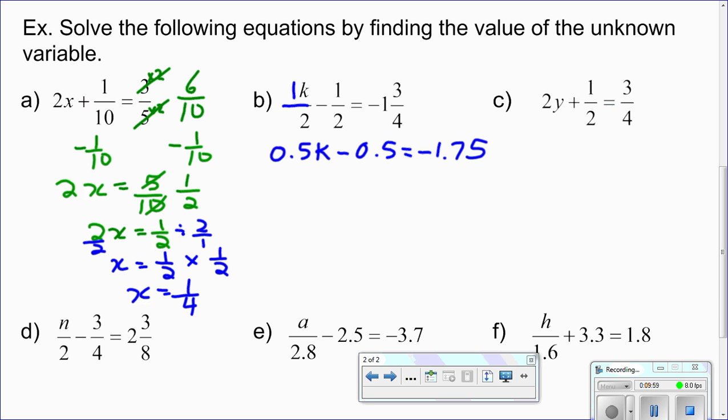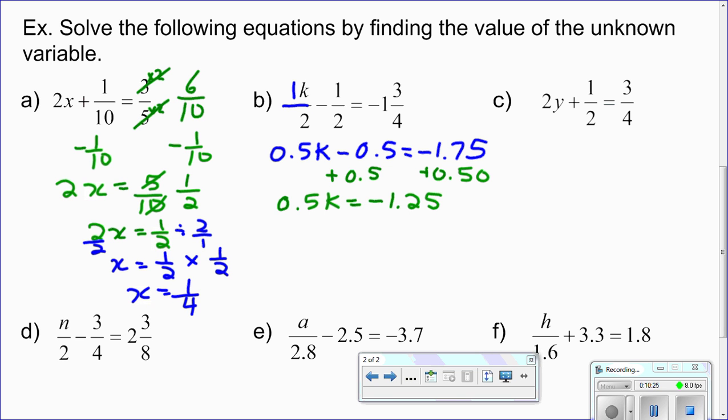Okay, not so bad. So now I'm going to solve it just like a regular two-step, as if there were no decimals. So plus 0.5 on both sides, 0.5k equals negative 1.25. Okay, if you want to think of that as 50, like 50 cents, maybe that makes it easier.